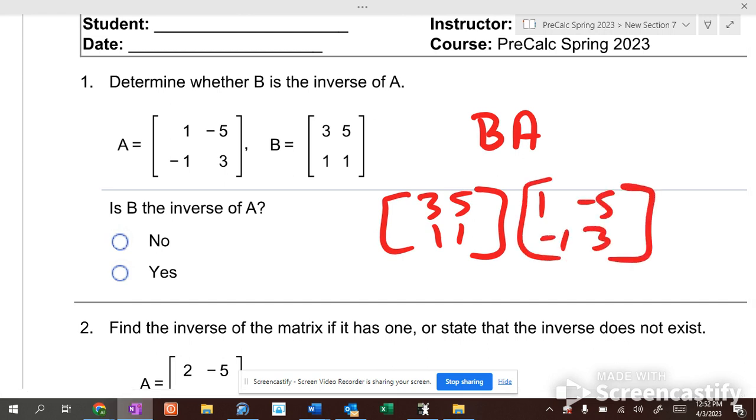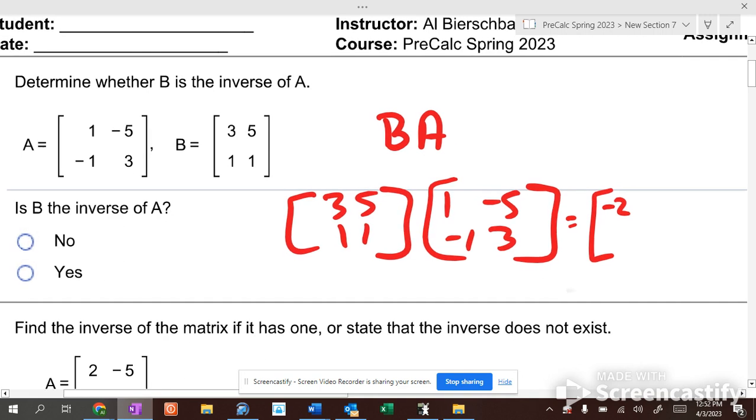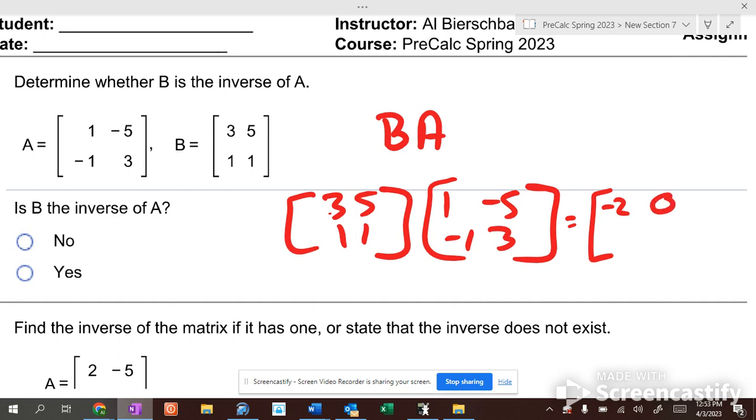If we multiply them, 3 times 1 is 3. 5 times negative 1 is negative 3, which is negative 2. 3 times negative 5 is negative 15. 5 times 3 is 15, which is 0. 1 times 1 is 1. 1 times negative 1 is negative 1.